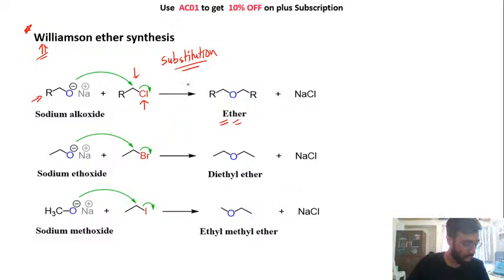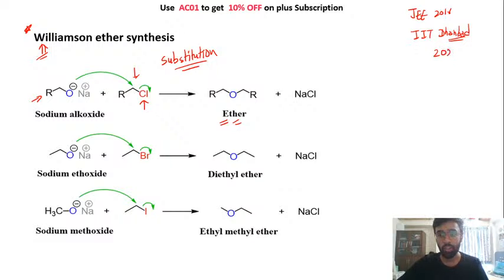Okay, if you are asking about my qualification, I cleared my JEE in the year 2016. I am an IIT Dhanbad pass out. I passed out from IIT Dhanbad in the year 2020.